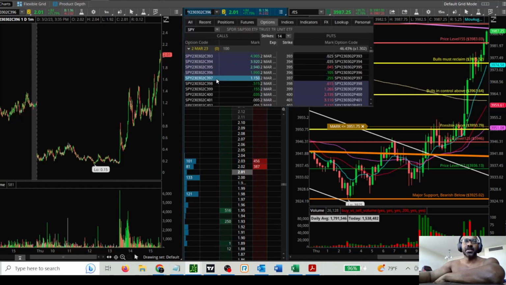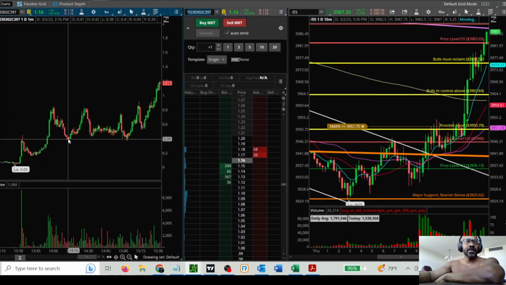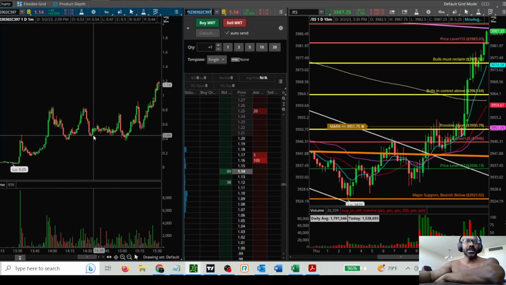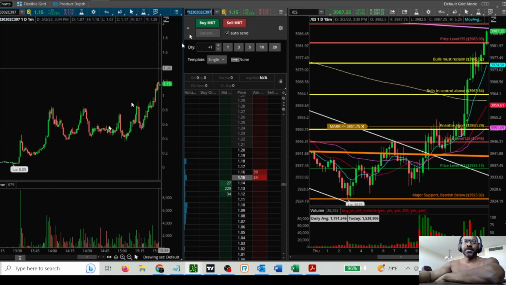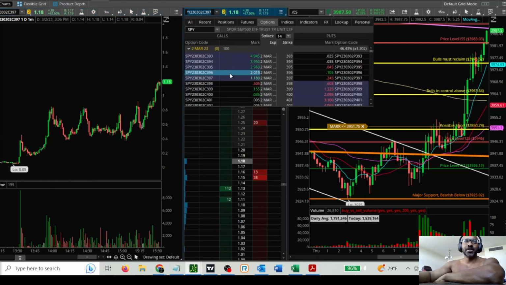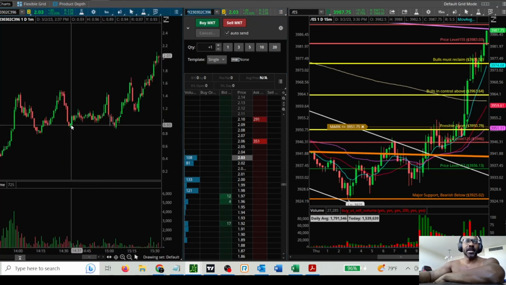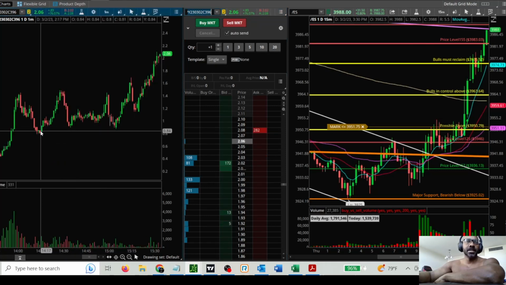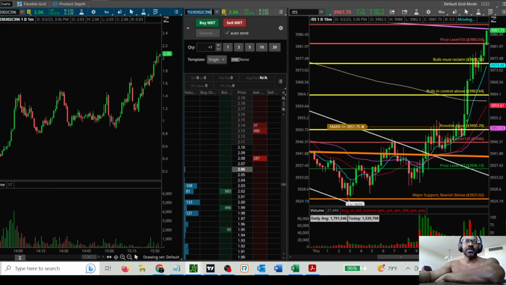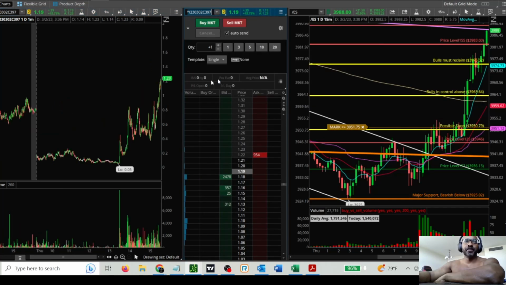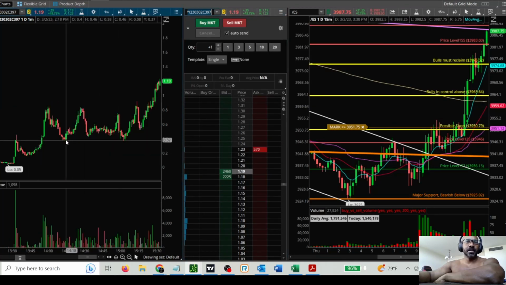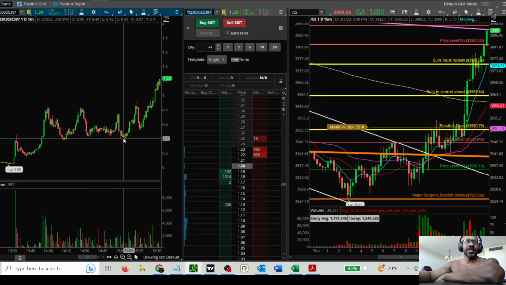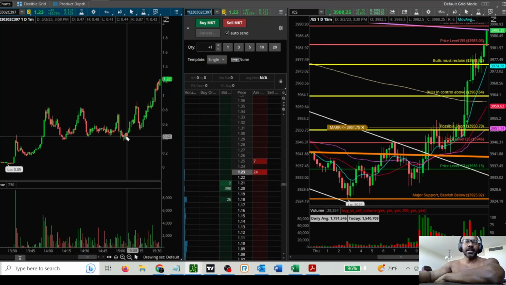I don't know which one it was, but there was one point where it pulled back and I could have gotten in at $75. I forget which strike at this point. But yeah, I had a chance to get in at 75 at 230 or something like that.